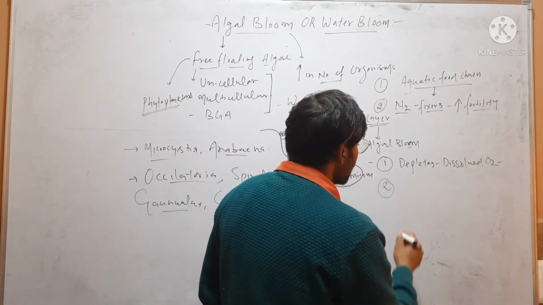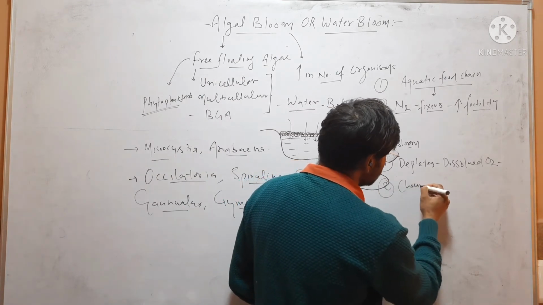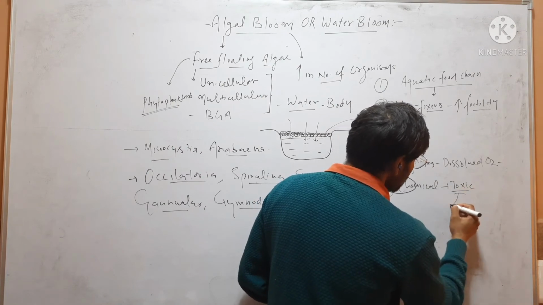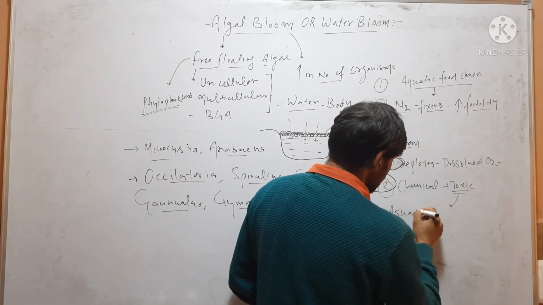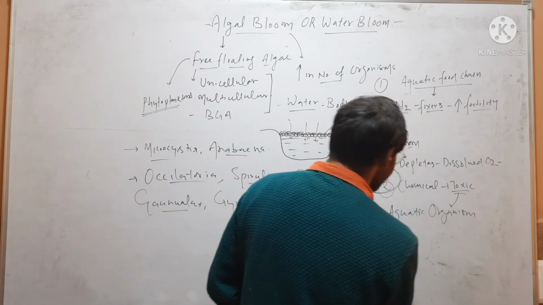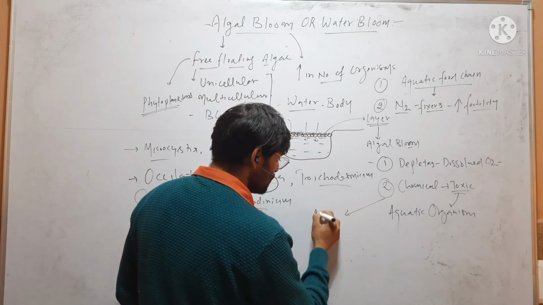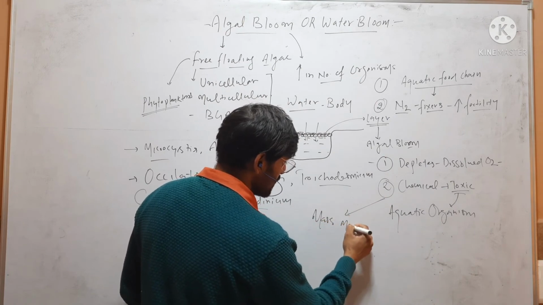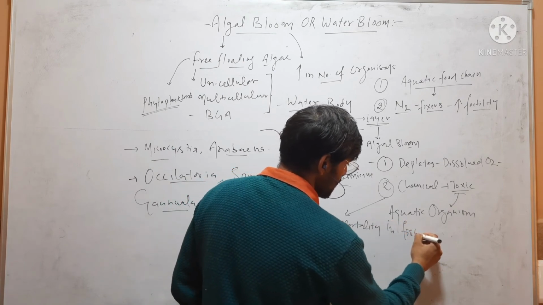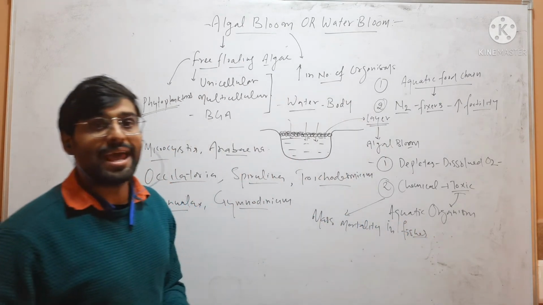Second, certain algae produce some chemicals and these chemicals are toxic to aquatic organisms. In some cases, these toxins cause mass mortality in fishes. So this is all about algal bloom.